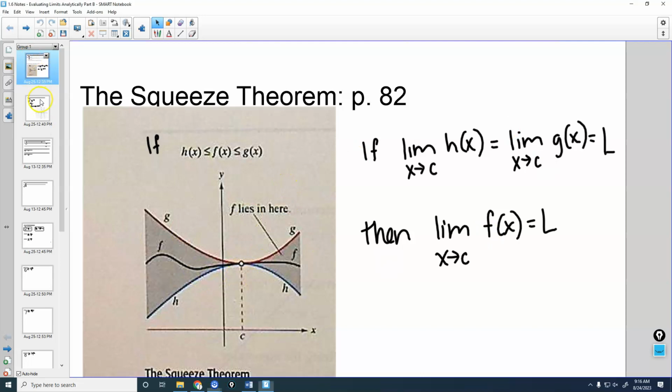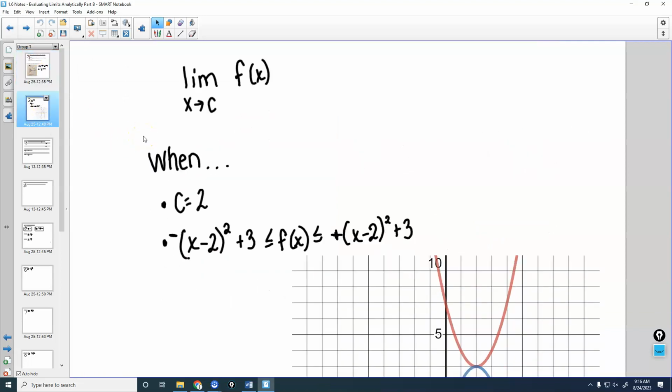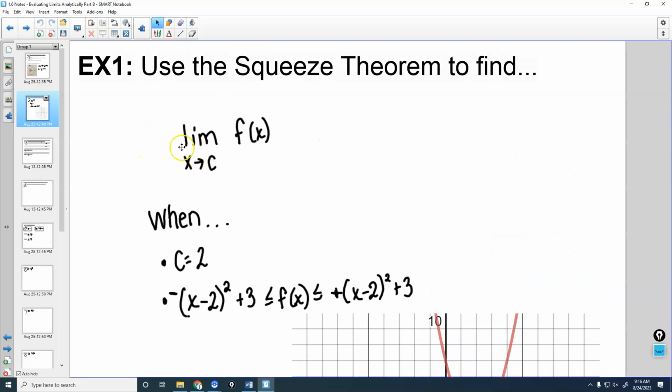So I'm going to show you just an example right here. Let's say that we've got some unknown function f of x.